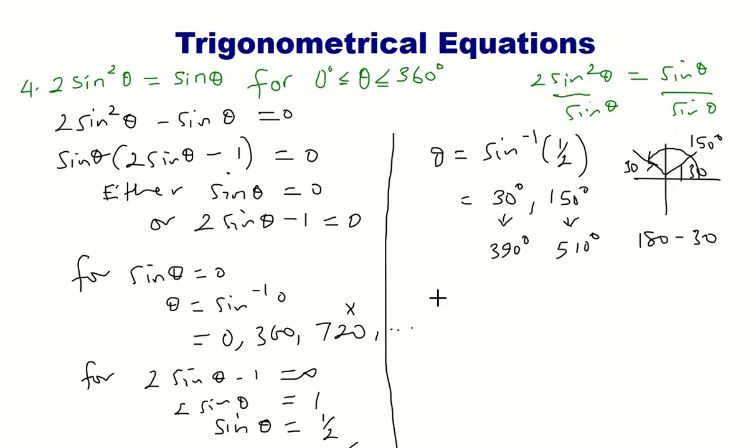So now we conclude that our theta will be equal to, let's choose the values that are in this range. We had a 0 here, followed by 30, and 30 was followed by 150 degrees. Oh, we forgot a 180 here.